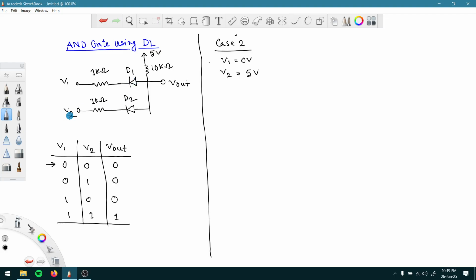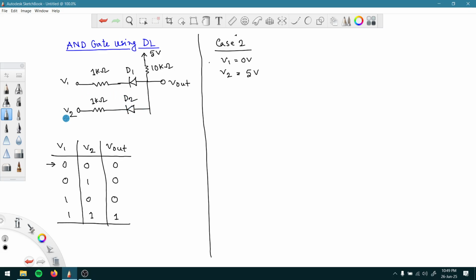But V2 is 5 volt, and we are also getting almost 5 volt at this node. Maybe there can be some current flow because of the forward biased condition here, but because V2 is 5 volt, we need at least 5.7 volt at this node for this diode to be forward biased. So this is never possible. That means we can assume D2 is reverse biased.